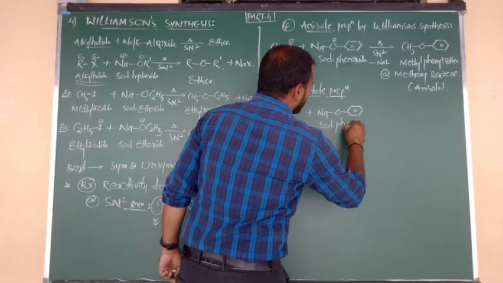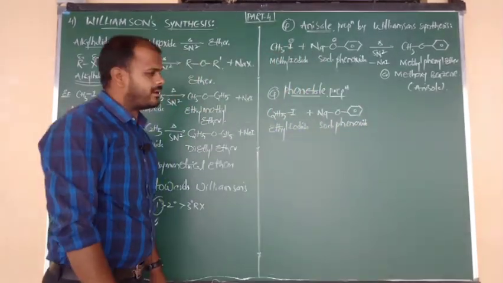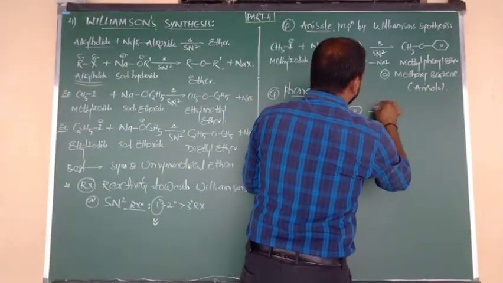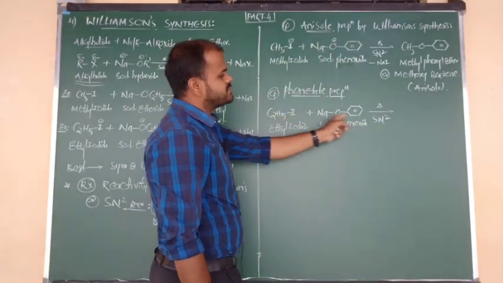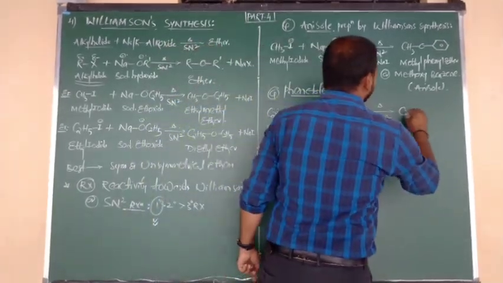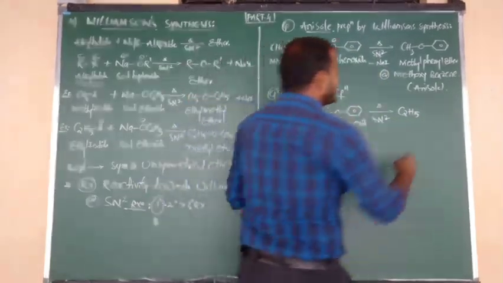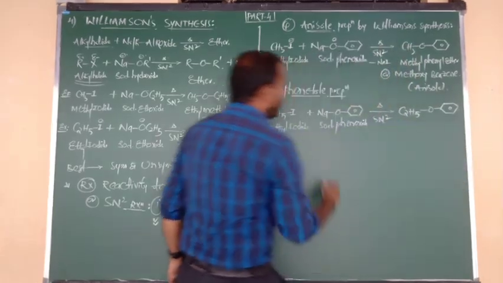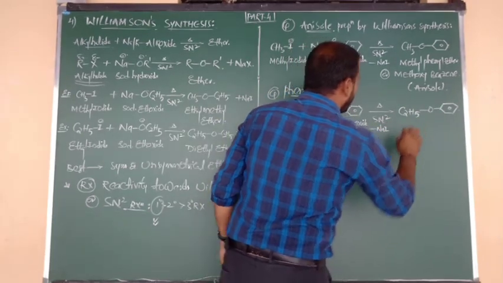It is nothing but sodium phenoxide. Ethyl iodide on heating with sodium phenoxide undergoes the SN2 mechanism, I minus replaced by phenoxide ion. So we can say the product is C2H5 bonded to O, O bonded to benzene, beta. And Na plus combines with I minus and is removed in the form of NaI.